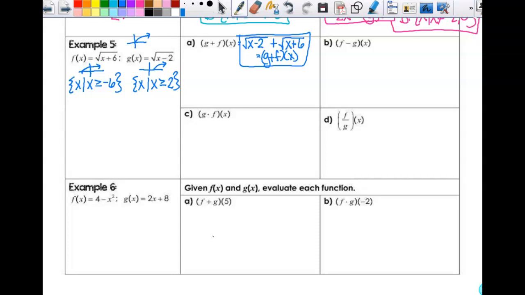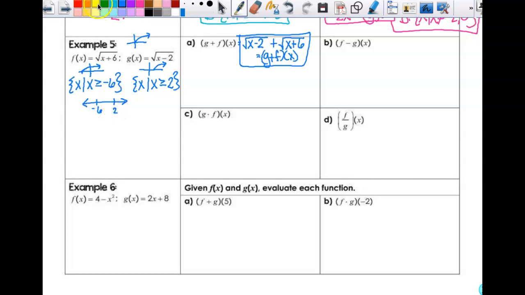So now, let's think about where these two domains intersect. It's what they have in common. So I have this, the x has to be greater than or equal to -6, and it has to be greater than or equal to 2. So where these two things overlap is right here. And just like if you did a number line, okay, so let's say we had a number line, and we have on here -6 and 2.